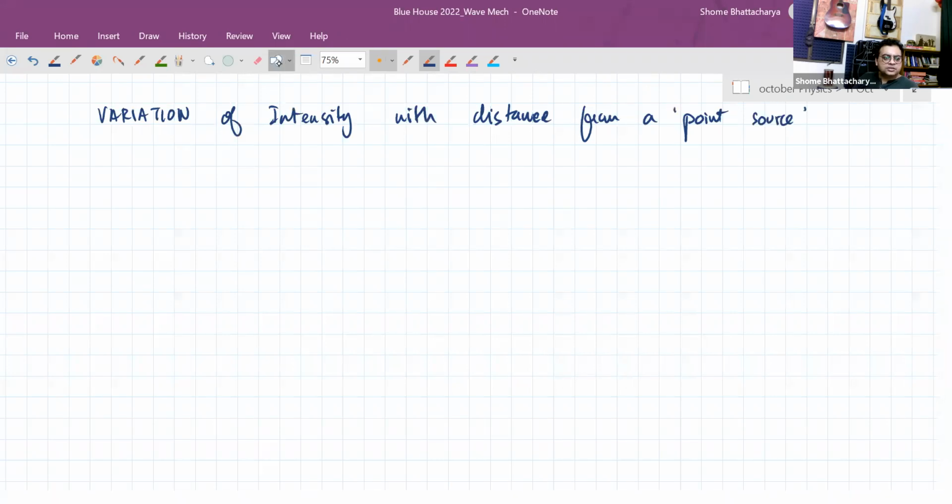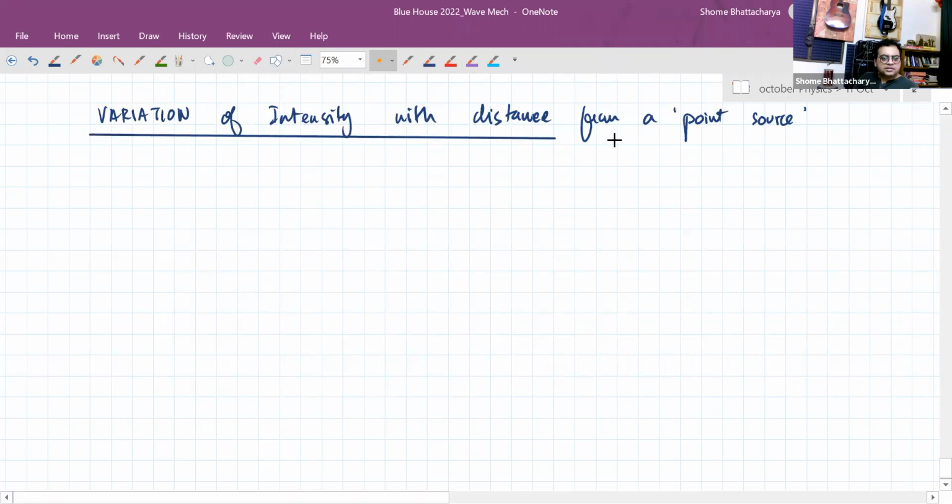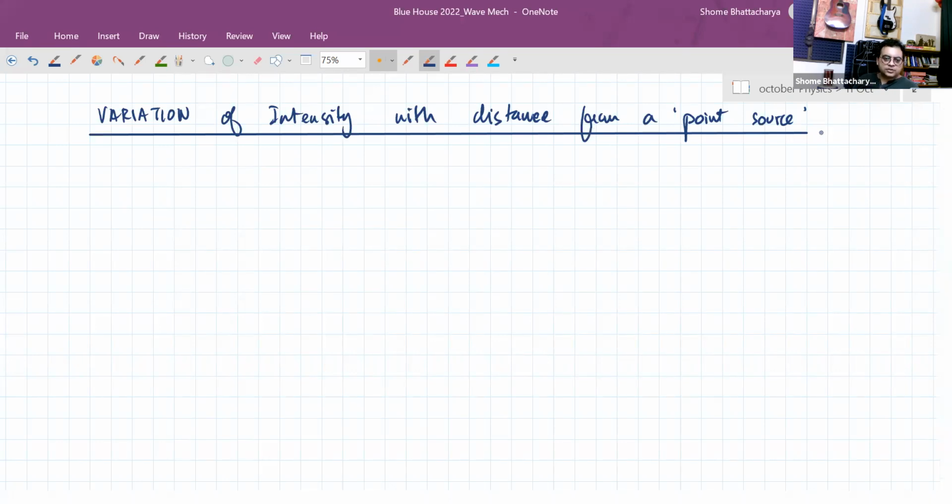This formula can be used in engineering just as a sort of empirical formula also. That if you have the source of sound like the cone of a speaker, and you're looking at distances which are quite large compared to the size of the cone of the speaker, you can treat it like a point source only.